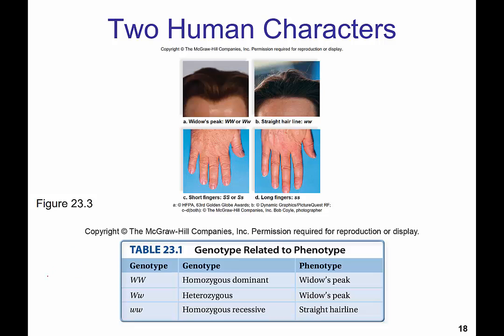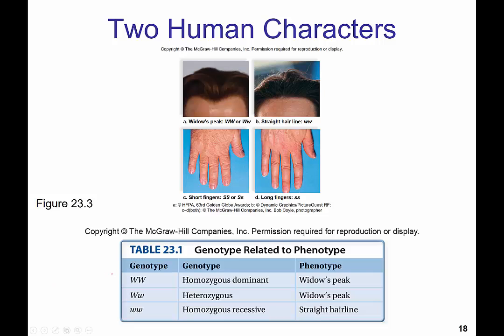That way we don't get confused. If the genotype is homozygous dominant, that's two big W's, then the phenotype, remember this is the physical characteristic, will be widow's peak. So now we get to review that concept of genotype versus phenotype. The genotype, we have two ways that we can describe that here.